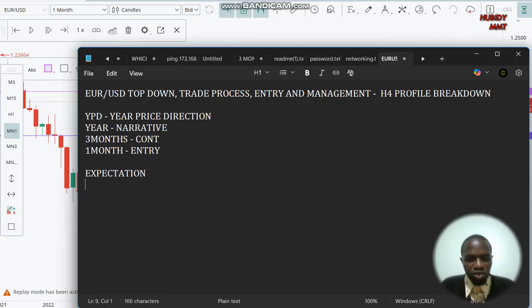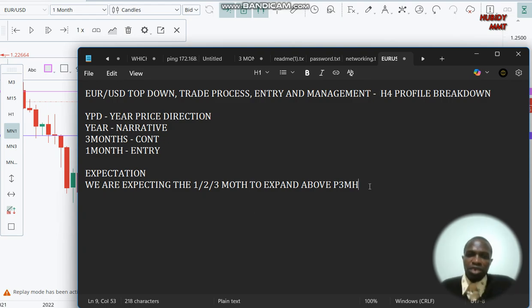And what is the expectation? We are expecting the first or the second or the third month to expand above the previous 3 months high. This is our expectation. Since we have an expectation, this already gives us a profile to trade.